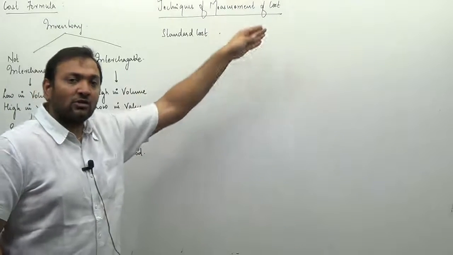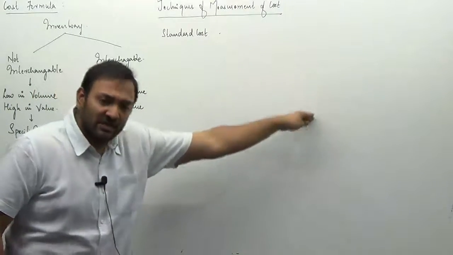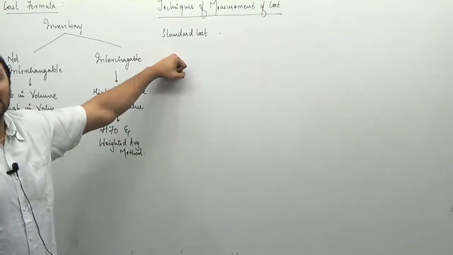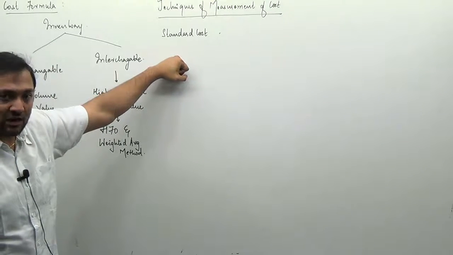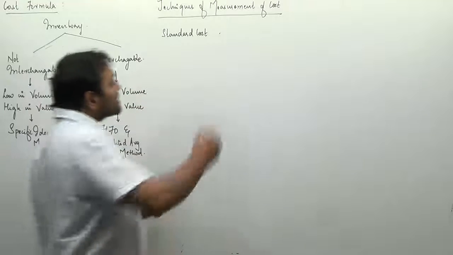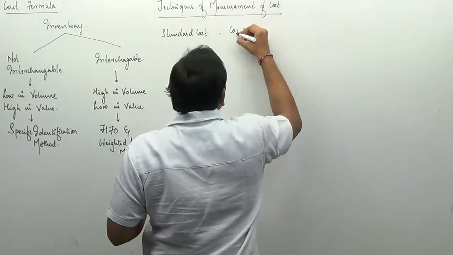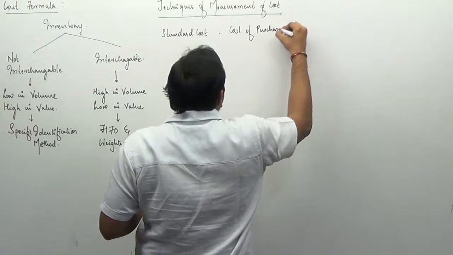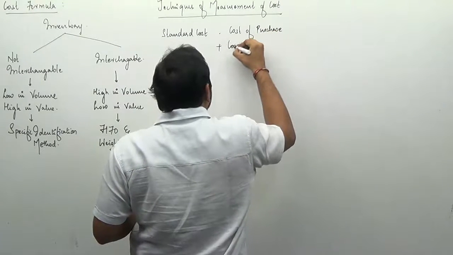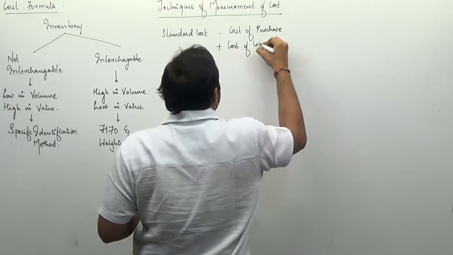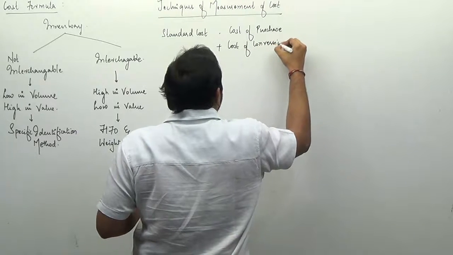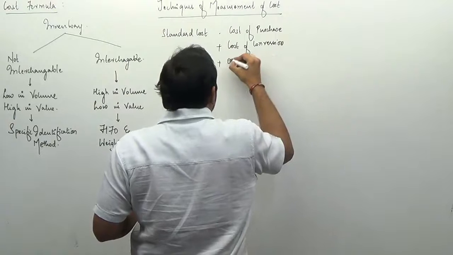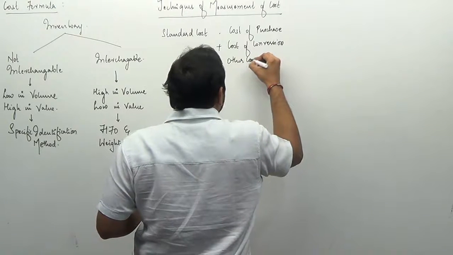Cost of raw material, cost of purchases plus cost of conversion plus other cost will give you what is a standard cost method of identifying cost. We can identify cost simply by cost of purchase added by cost of conversion added by other costs to bring the inventory to the current location and condition.